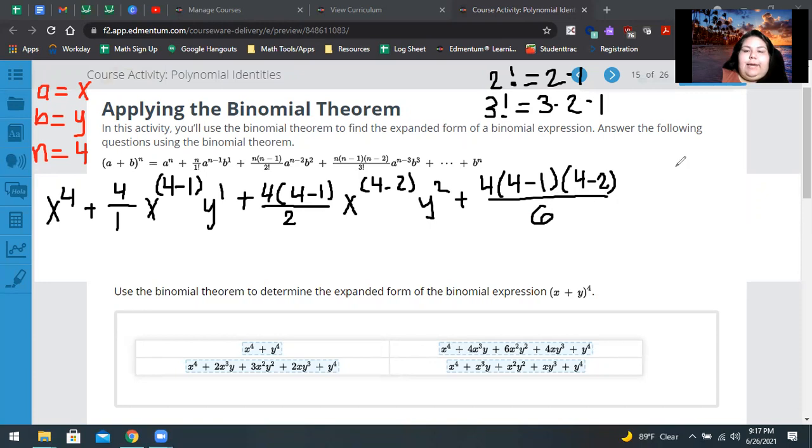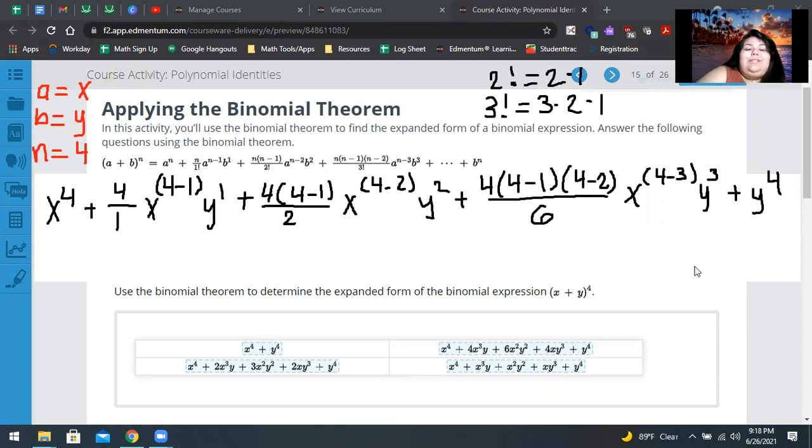I really want to write a this time, so this will be x raised to the 4 minus 3 power. And this is y raised to the 3 power. Plus, our b is y and our n is the 4th power. So we have 1, 2, 3, 4, 5, those are 5 terms, but it doesn't actually match up to what we have down here.